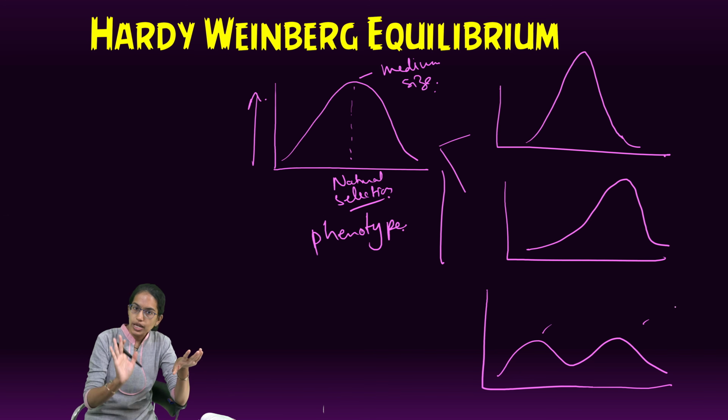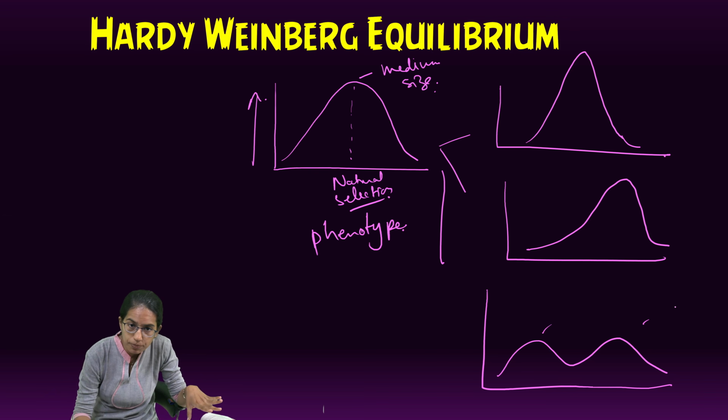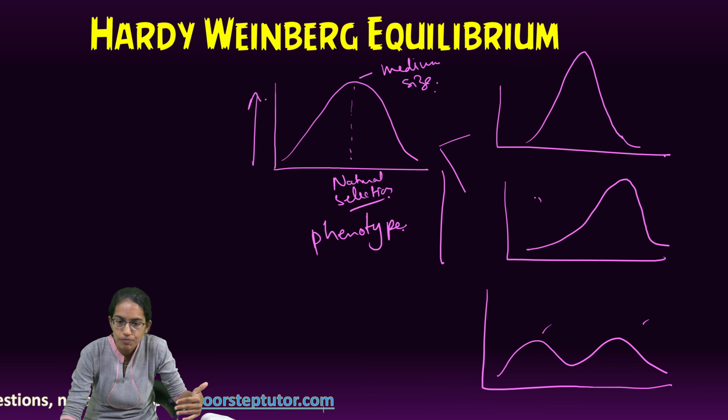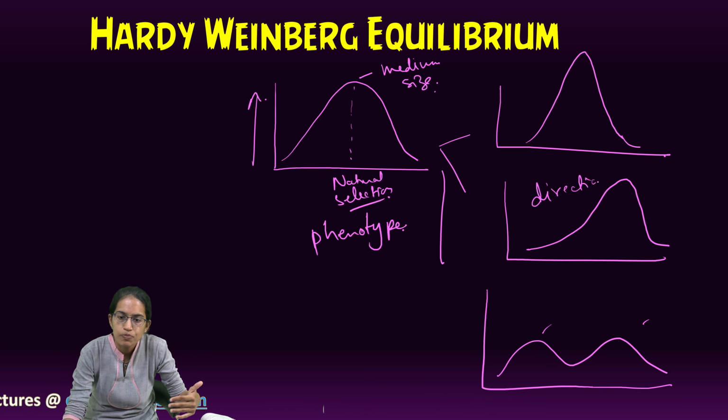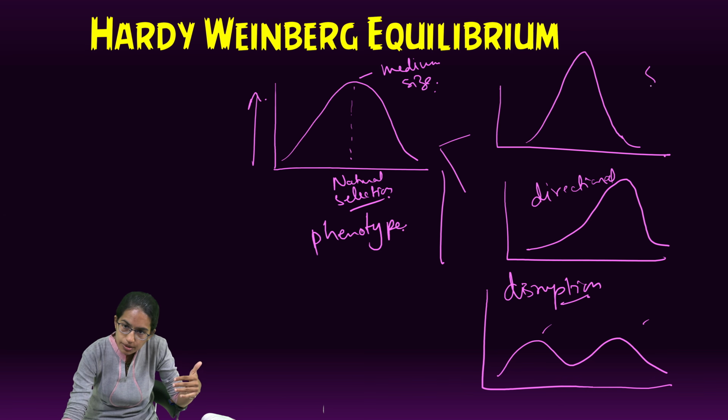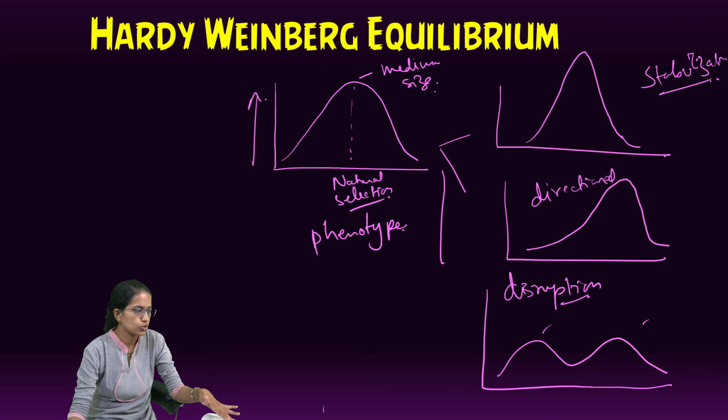Clear? So in a Hardy-Weinberg equilibrium, if there is no equilibrium, we understand that there can be a directional movement, there can be a disruption, or there can be a stabilization of a population. All of these 3 are important characteristics to understand under the Hardy-Weinberg equilibrium.